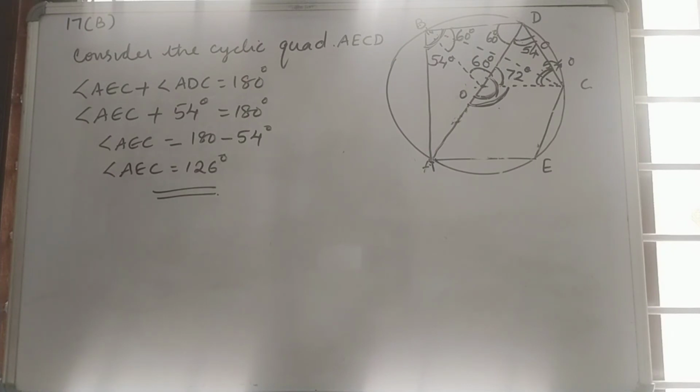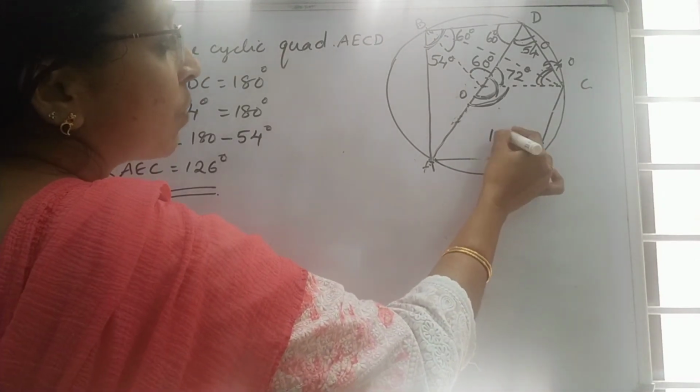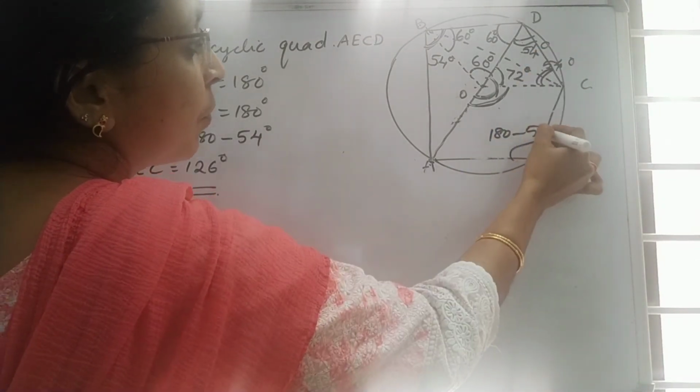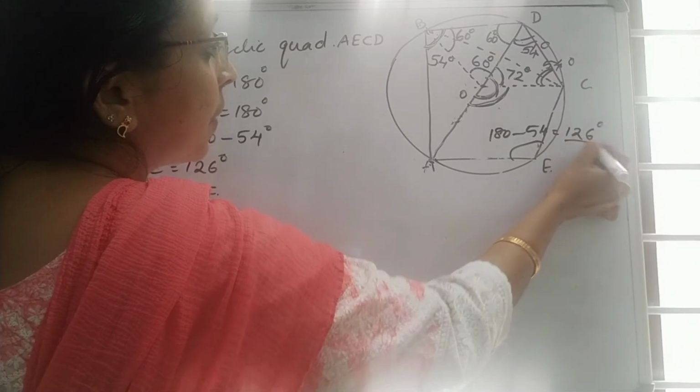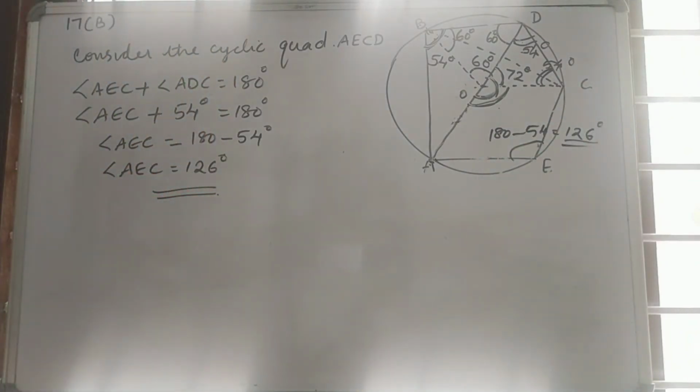Using the property of a cyclic quadrilateral, opposite angles are supplementary. So angle D plus angle E will be 180 degrees. We have D as 54 degrees, so angle E will be 180 minus 54, which is equal to 126 degrees. So angle AEC is equal to 126 degrees.